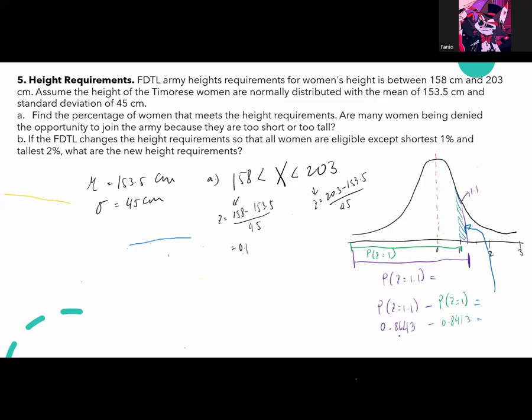Let me see, 0.023. So the area in that shaded region is 0.023. Now that you know this area, the probability that women in Timor-Leste will meet the requirement is just 2.3% only, which is very, very small probability, logically.